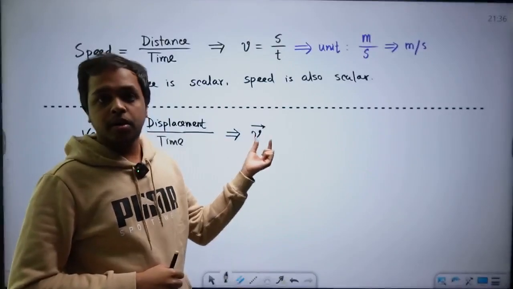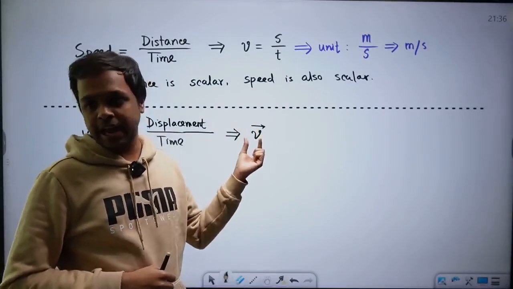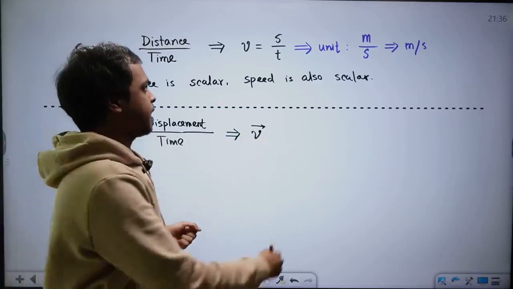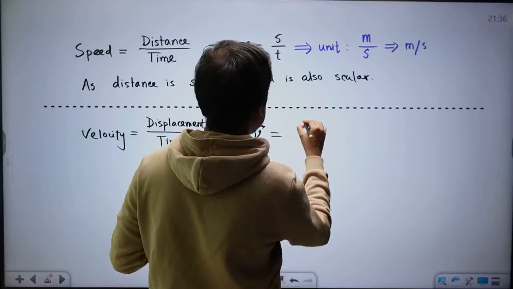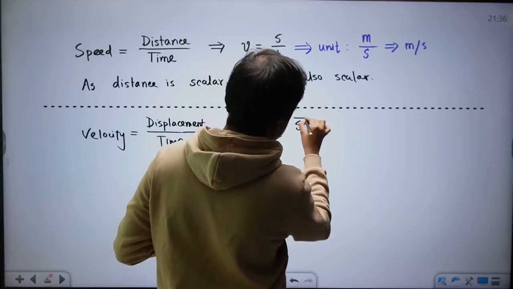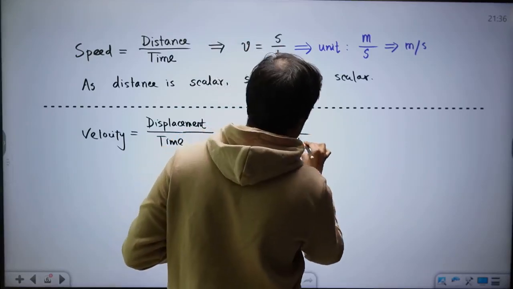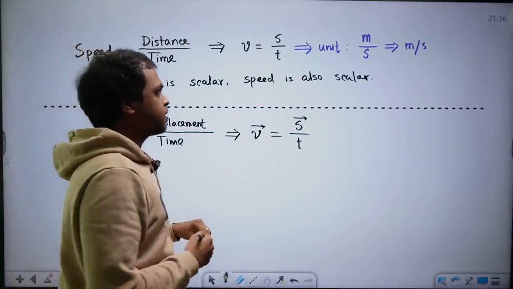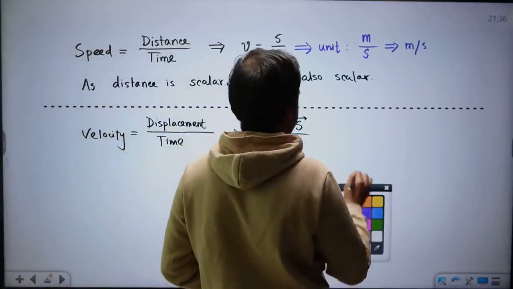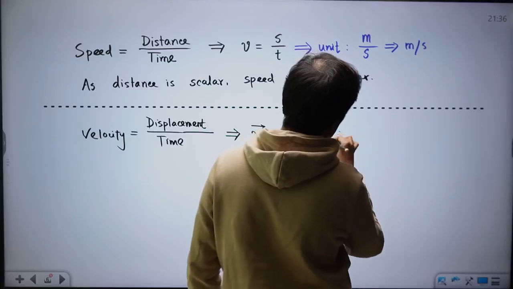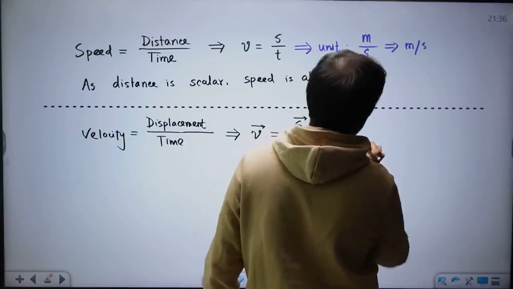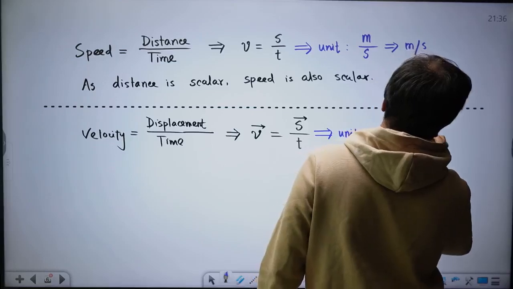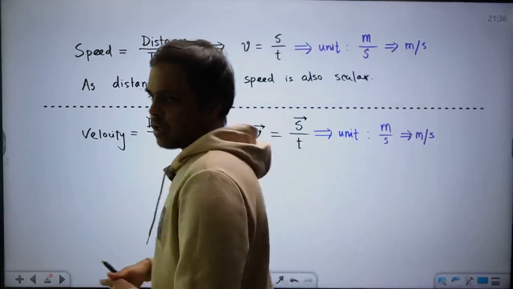Whatever we write as a vector, we have to put an arrow over it. The displacement we express as arrow over s, that's a vector, and time is a scalar. It also has a unit of meter per second, right?